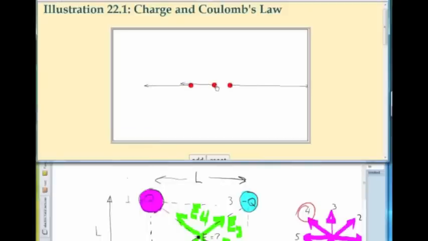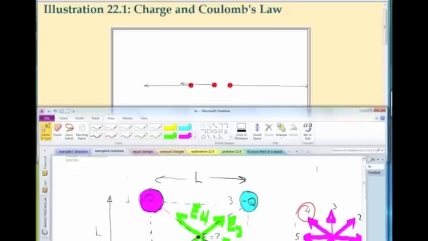Why is that? The force on the middle charge is pointing to the left. If you're to the right of the middle point, you're closer to this charge than you are to this charge, right? Now the force on this charge, due to the one on the right, points away from it.